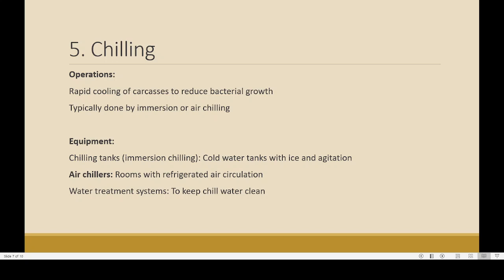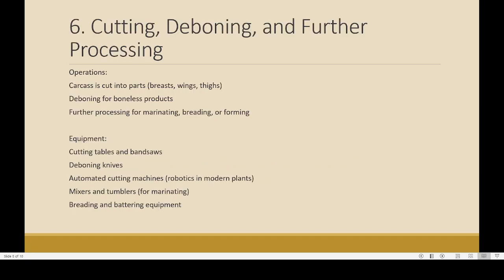That is the purpose of fast cooling. For that, chilling tanks and air chillers are used. These are some of the equipment we use for chilling.